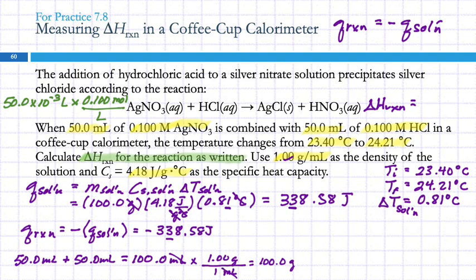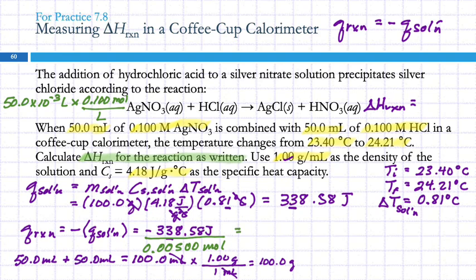So if I figure out what that value is, it's 0.005. That should have 3 sig figs. So this is the amount of energy released when 0.005 moles react.